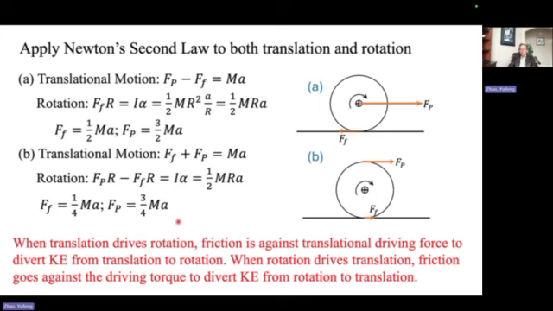And interestingly, you can see now we dramatically change both the direction and magnitude.